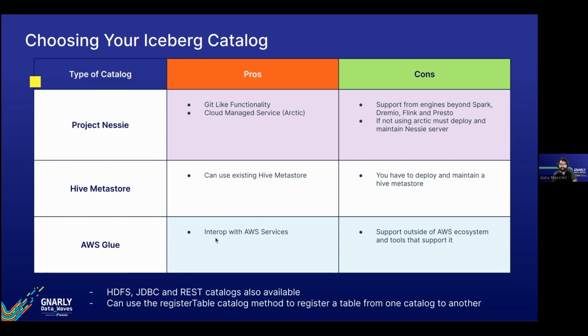There's the REST catalog. What it is, is an open spec API in Iceberg that basically allows you to connect to any catalog that implements that specification. Currently, there are no open source implementations of that spec. There is currently one service that implements that spec in the form of Tabular.